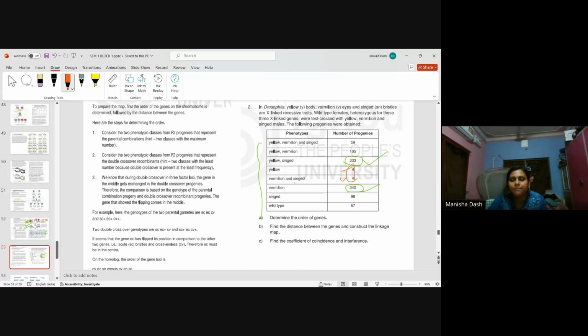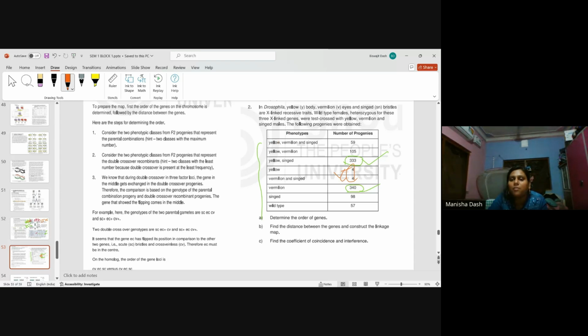So usually the double crossovers will be least in number. So from this you can actually identify what is the parental genotype and what is the double crossover genotype. And by comparing the parental and the double crossover, you can actually predict what is the order of the genes.